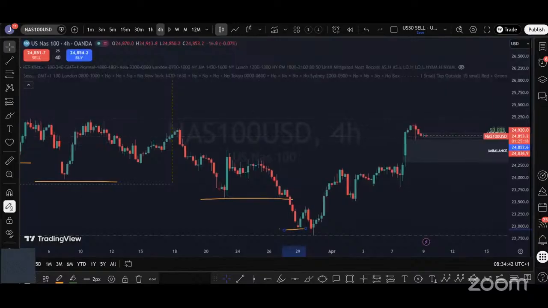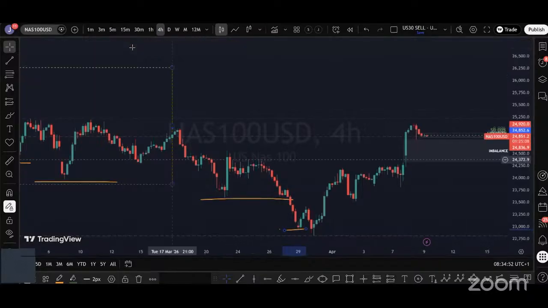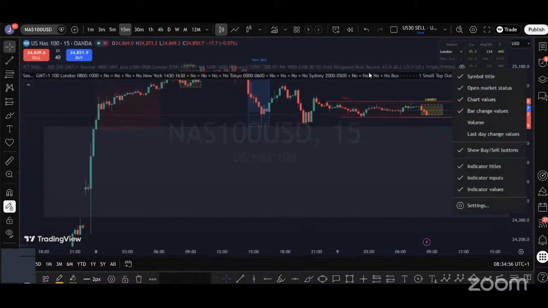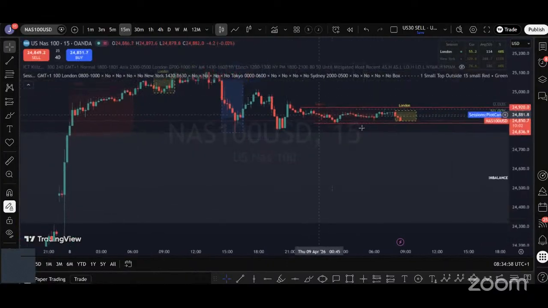Typically, with US stocks, anything with a USD in it, or US indices, in the Asian session we have low volume. So this is the Tokyo session here. Can you see all these little candles? Low volume. This is the late Asian session here. See all these little candles? Even though it's still moving, it's still low volume.